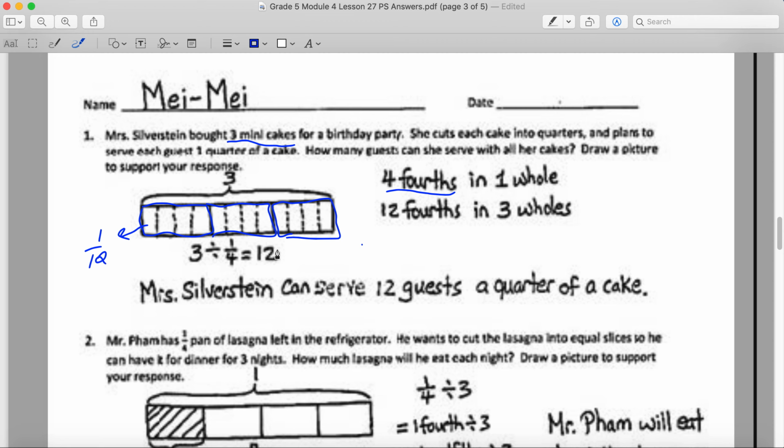But this question is different. They took 3 mini cakes and divided it into fourths, not divide by 4. And that's a little different of a question. I know that I'm not with you to help you one-on-one with this, but I hope it's starting to make a little bit more sense than before.